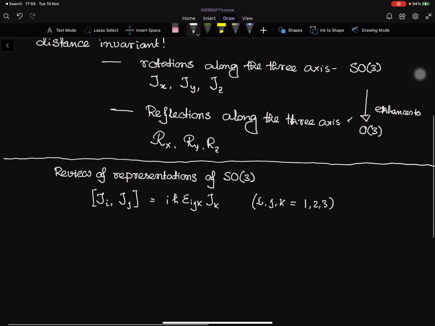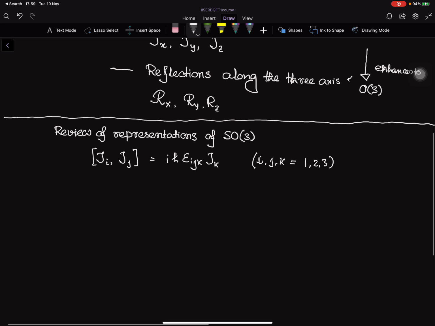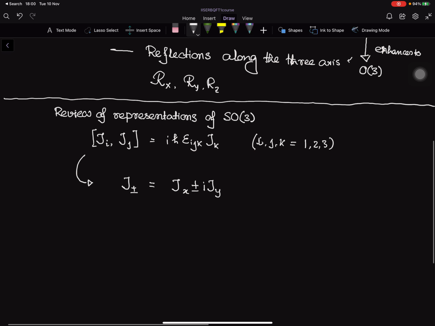Now, in order to find representations, we first define the ladder operators. They are defined in this way. Then one can show that the algebra takes the following form.